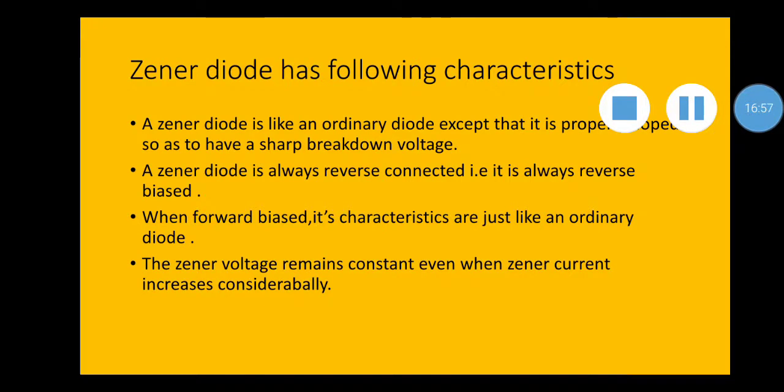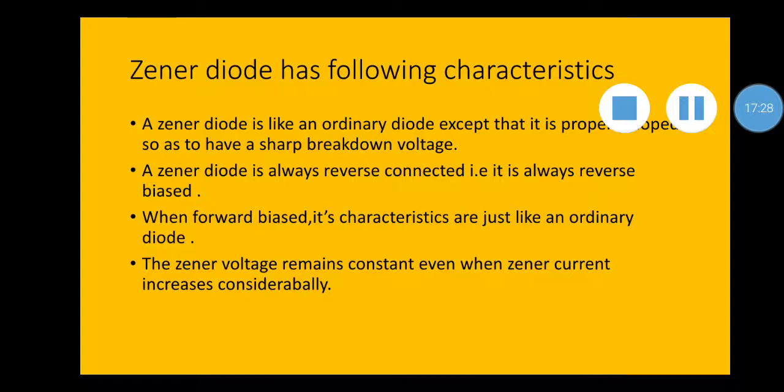A Zener diode has the following characteristics. A Zener diode is like an ordinary diode, except that it is properly doped so as to have a sharp breakdown voltage. A Zener diode is always reverse connected, that is, it is always reverse biased.